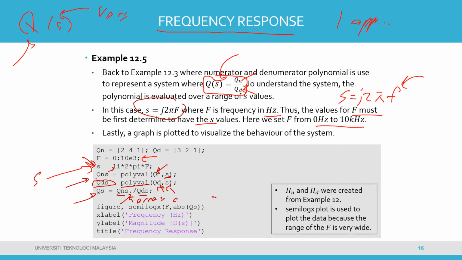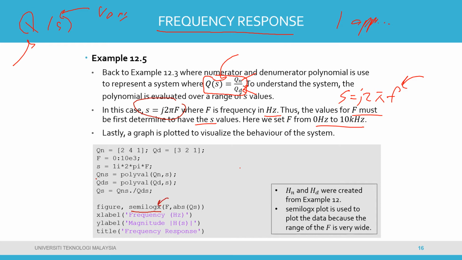Now you have to plot the output. You have to recall back your chapter 7 on input output or graphic representation. Remember that you have semilogx. Semi-log means that one axis is linear, the normal graph, and one is logarithmic, and the logarithmic axis is x.